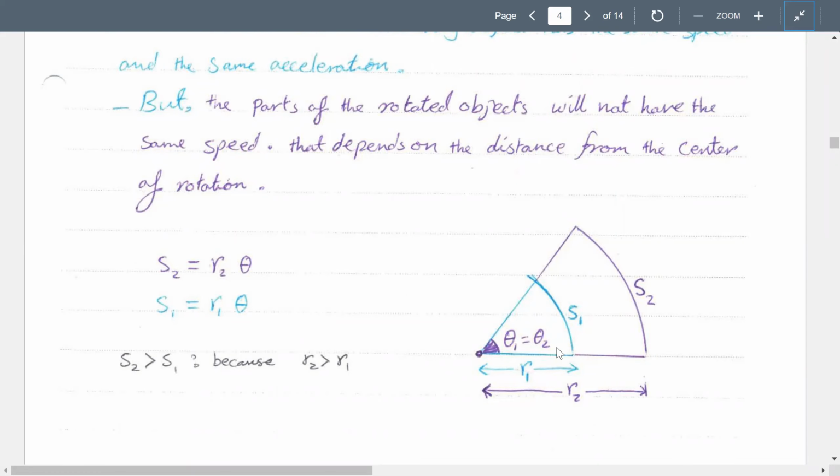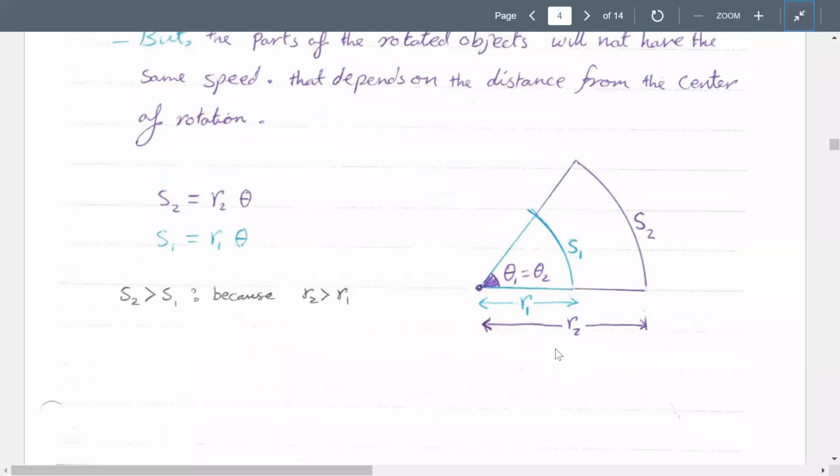If we need to compute the linear speed, in this case the tangential speed, at this part of the circle circumference, it is equal to this length divided by the time. This length is S2, and this length is S1.